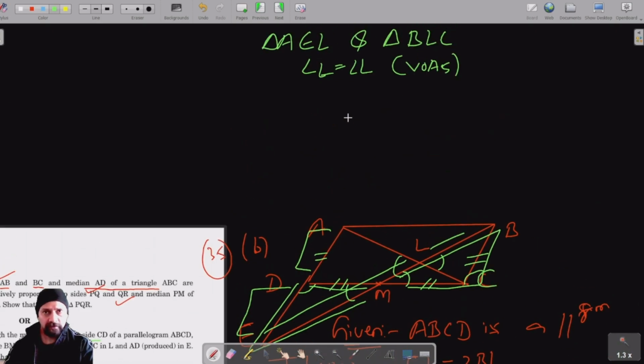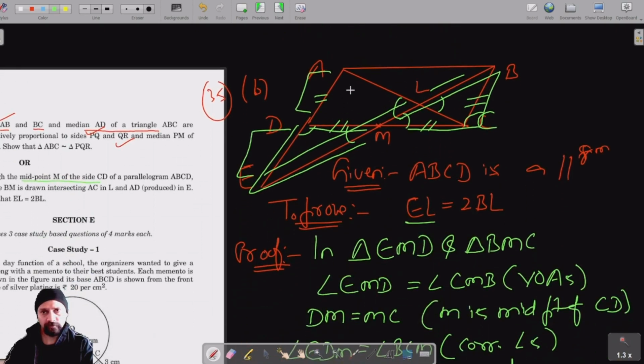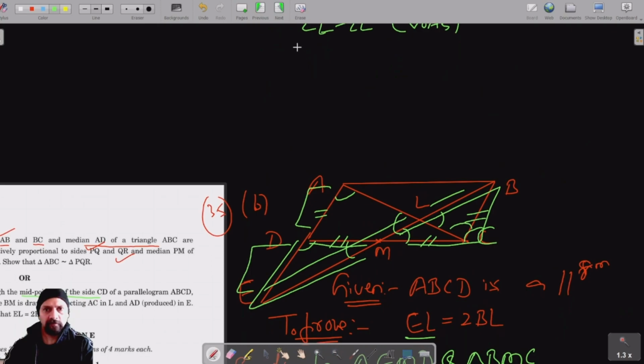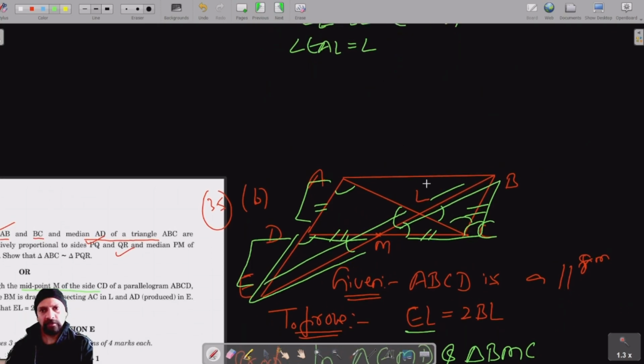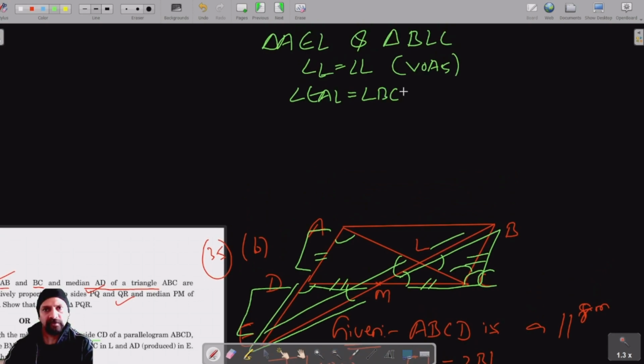So in triangle AEL also, this angle is equal to this angle. The name of this angle is EAL, which is equal to angle BCL, and these are alternate interior angles.